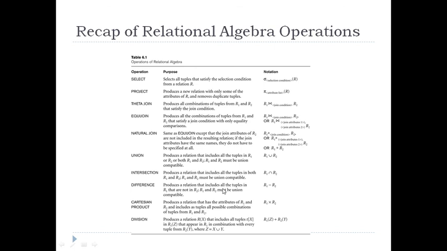Some operations are unary operations, some are from set theory, and some are binary relational operations. So we'll continue with the next lecture. In that, I'll discuss the additional operations like aggregation and outer joins. Thank you.